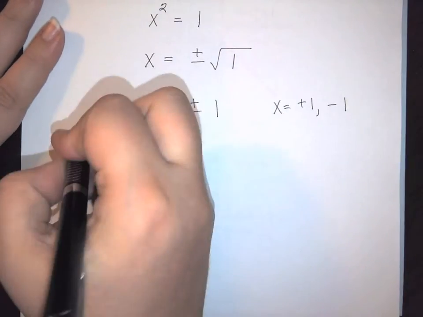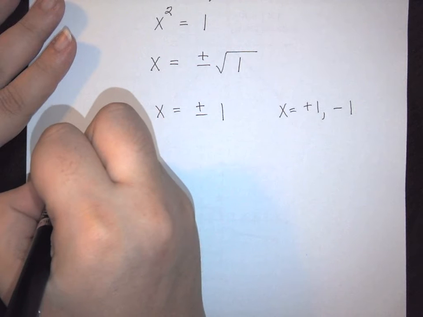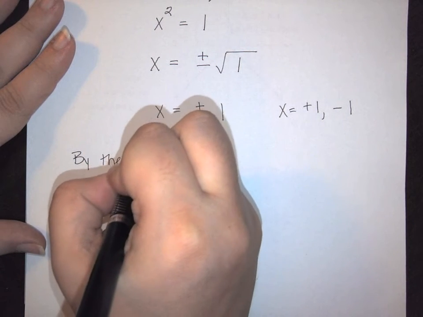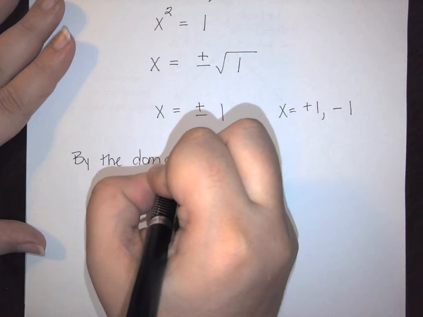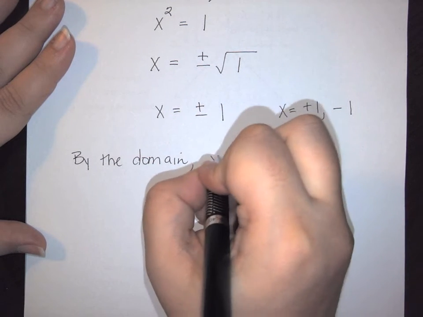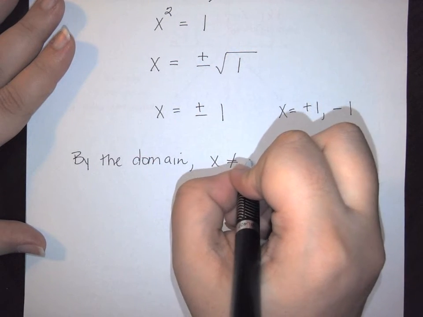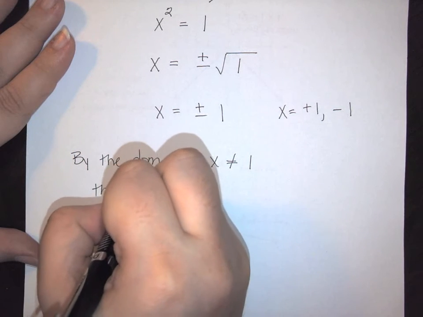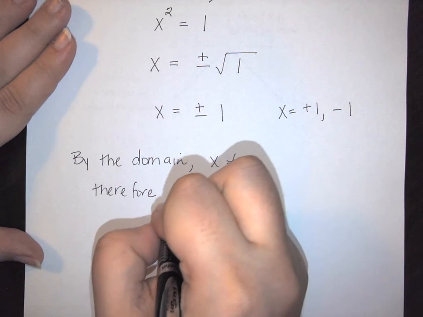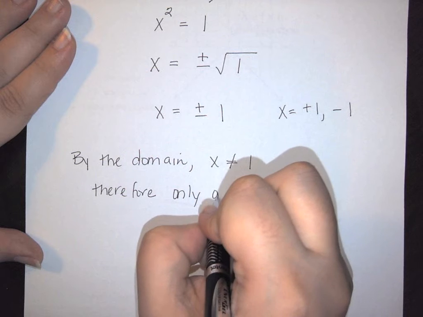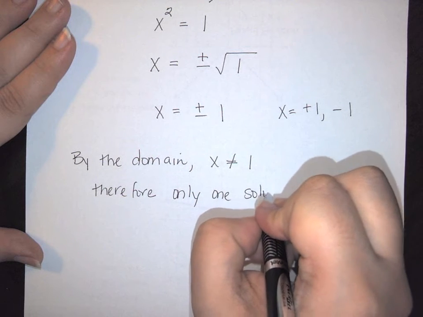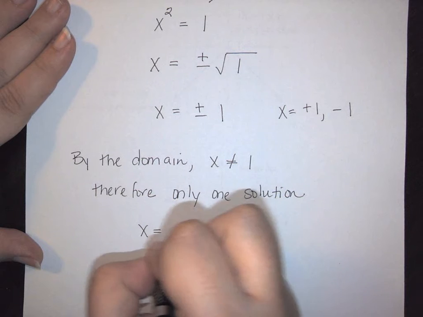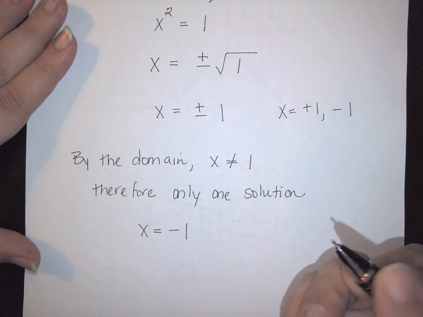So what we have here is that by the domain, x cannot equal 1. Therefore, we have only one solution, and that is that x equals negative 1.